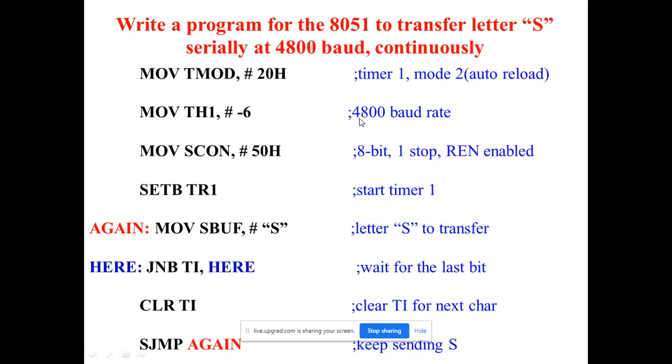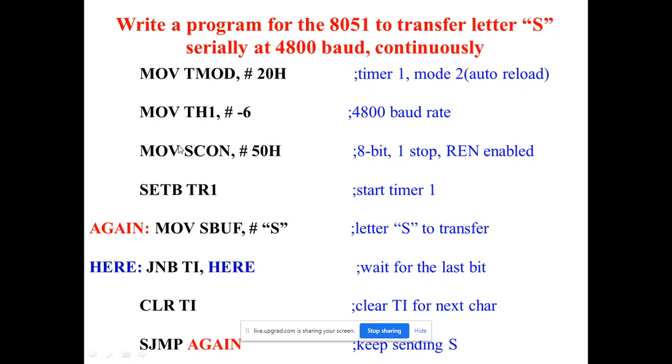Then as per 4800, we calculate: the basic frequency of 28 kilohertz divided by 6 is 4800, and that's why -6 we are placing into TH1. That is the initial value placed into TH1.